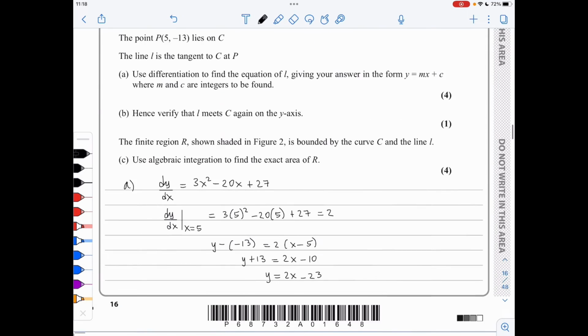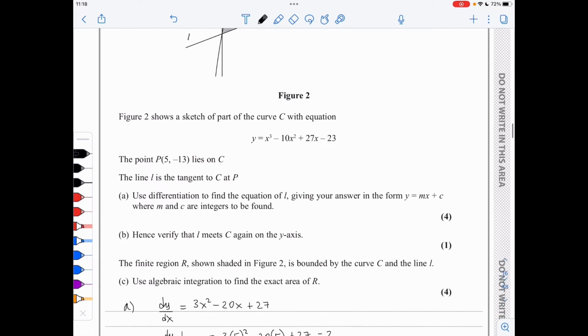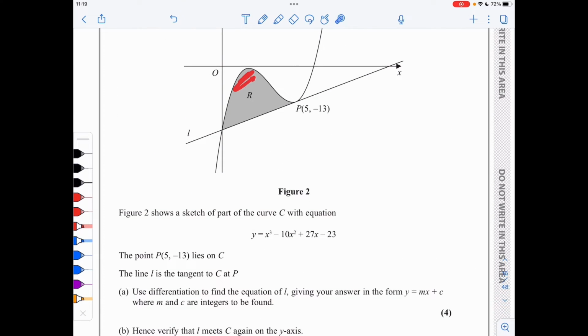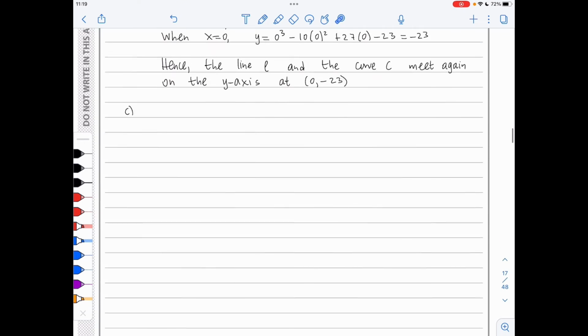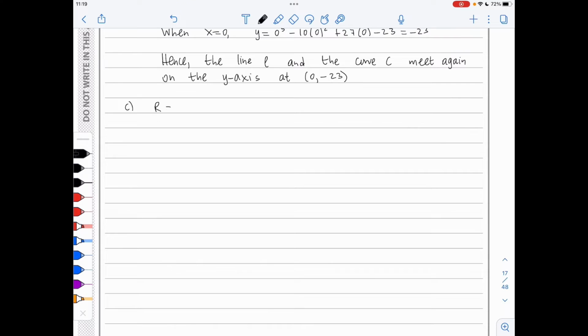And then C, I need to use algebraic integration to find the exact area, which is the area shown shaded here in gray. So we know that it's the area enclosed above by the curve, below by the tangent. So I will simply say that the area R will be given by the integral from 0 to 5 of x cubed minus 10x squared plus 27x minus 23 minus the straight line, which is 2x minus 23, dx.